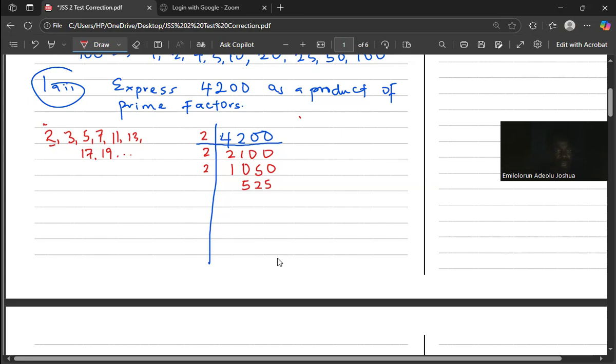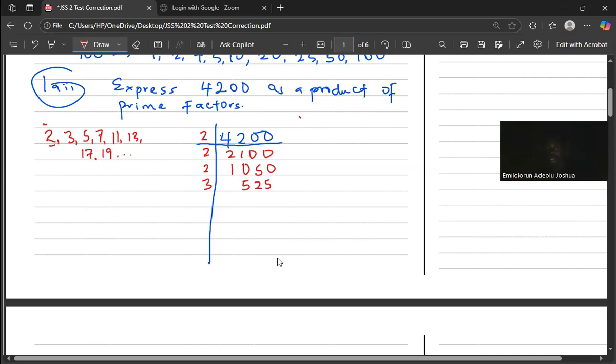2 doesn't divide again. So what is the next number that divides? 3 does.